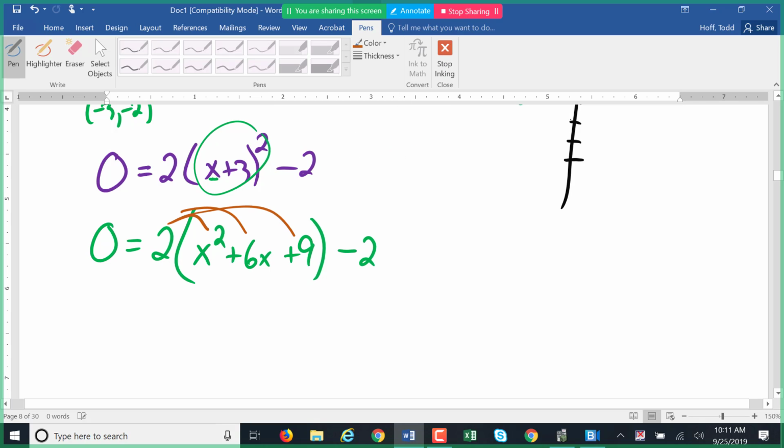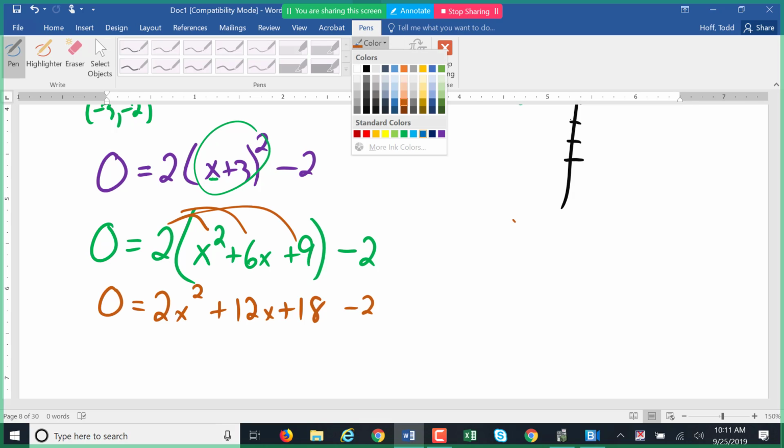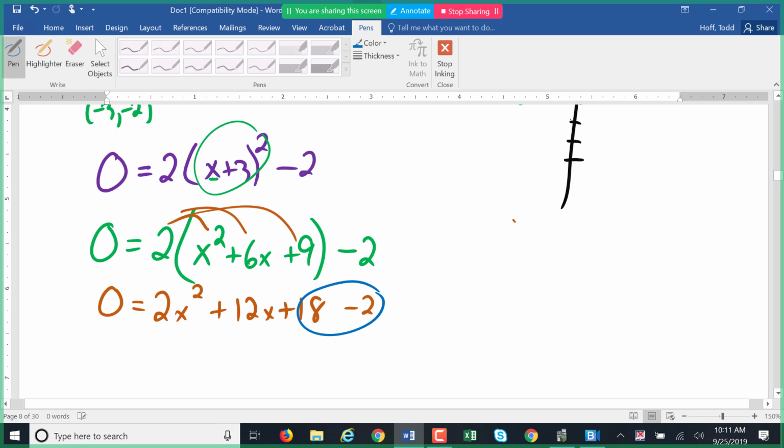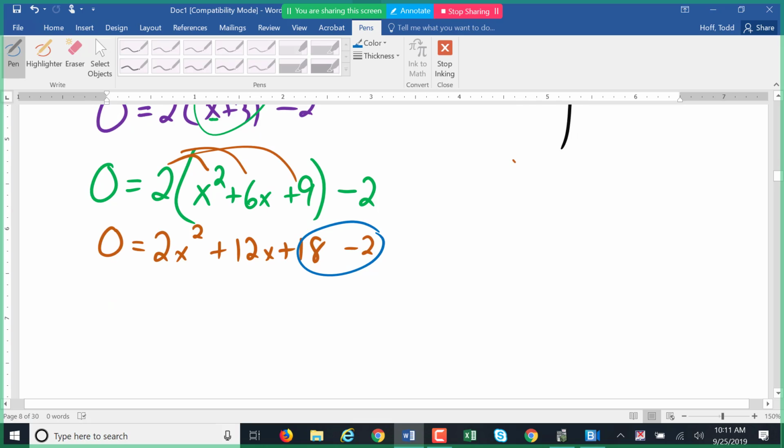We'll distribute the 2: 2x² + 12x + 18. You still have the -2 out there. Then we'll combine the -2 and the 18, I should say. So we've got 0 equals 2x² + 12x + 16.